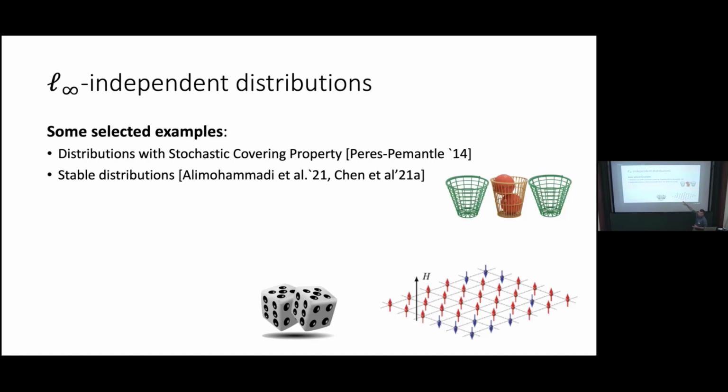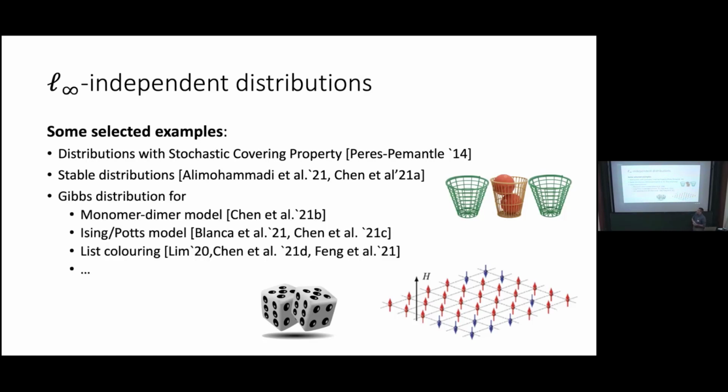This also covers, for example, the strongly Rayleigh distributions. And then we have a lot of recent results that prove that this is true for some distributions that come from physical models.